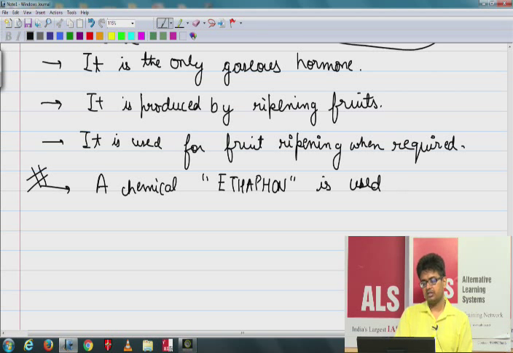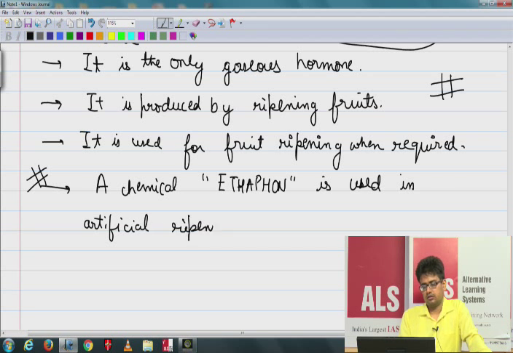Any question which has been asked in previous examinations, I always draw a asterisk or a hash that this question was asked in the previous year question papers. Ethephon is used in artificial ripening of fruits. Not much detail is required other than this.